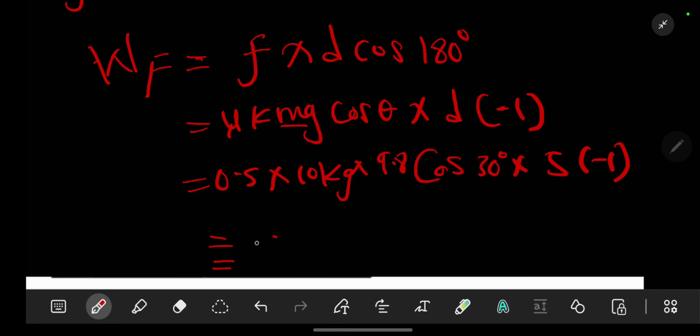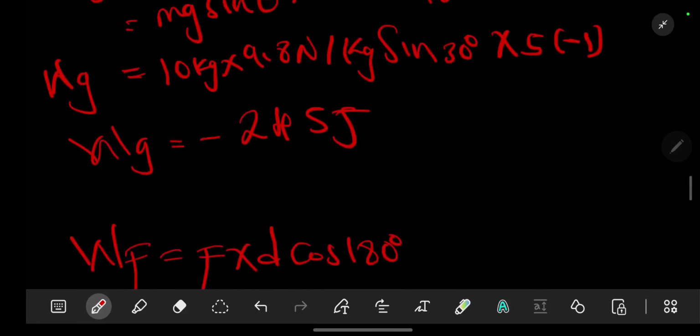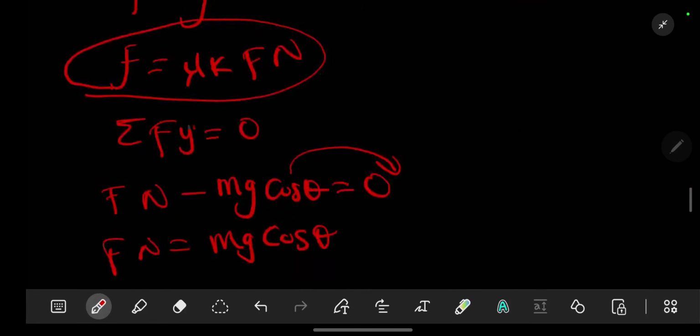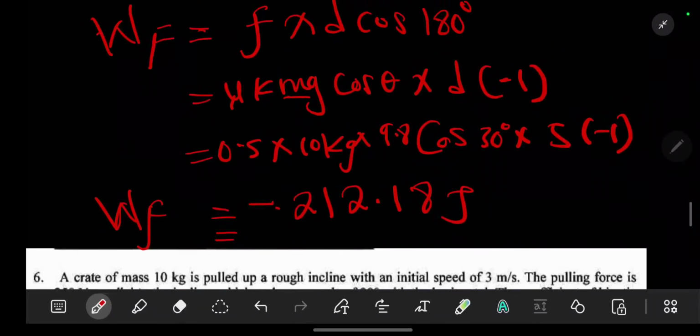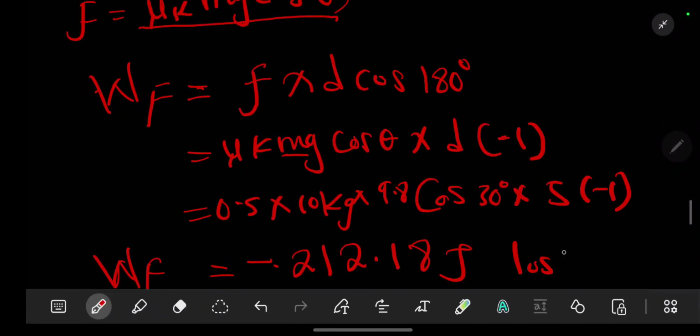This gives us a negative value because of the -1, which makes sense for the work done by friction: negative 212.18 joules. So we have found the work to be negative 212 joules. This was the energy lost.